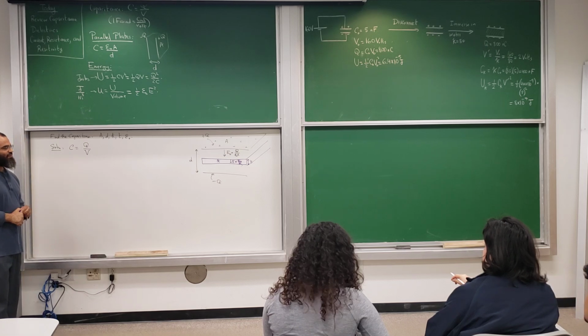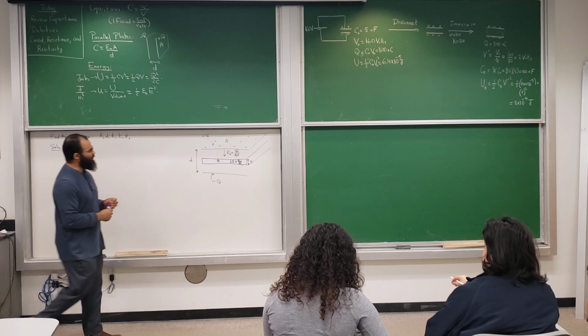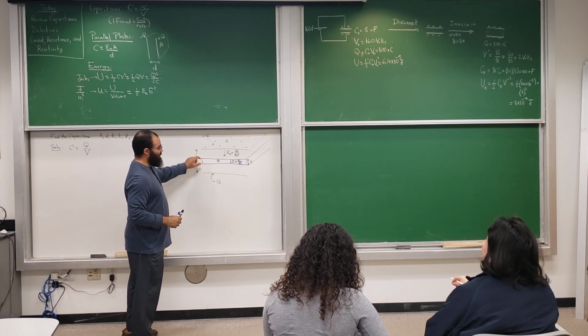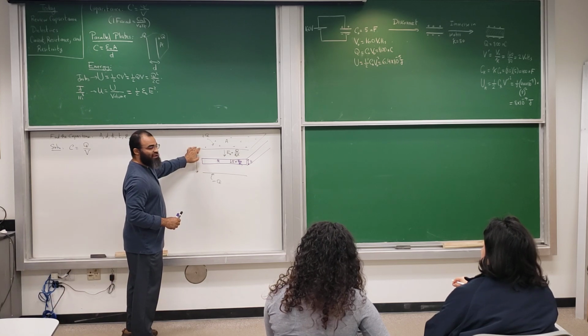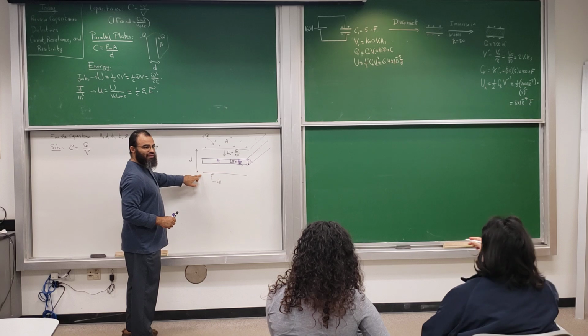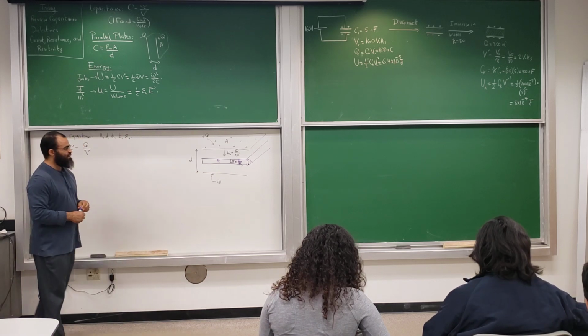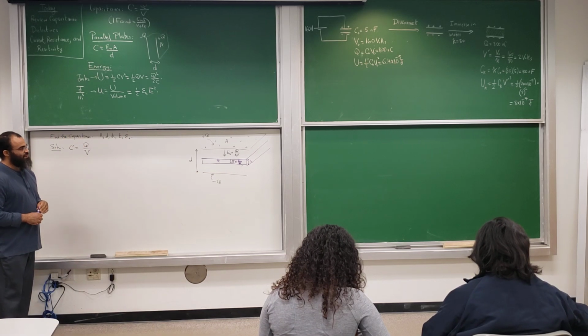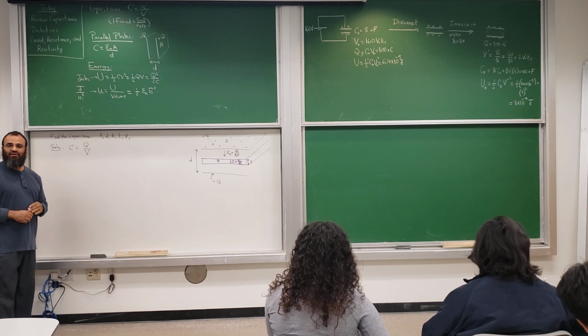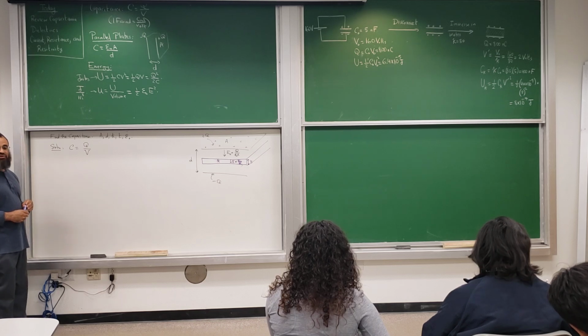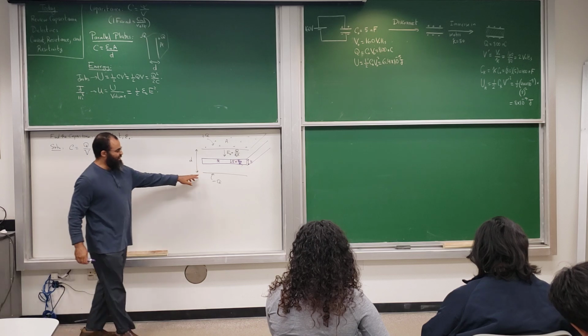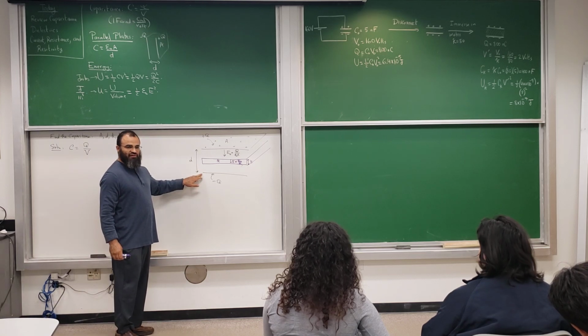Is the T for the thickness of the capacitor? Yeah, of the dielectric. This is the dielectric. These are the capacitor plates. So what's the potential difference? What's the potential here at the negative plate?